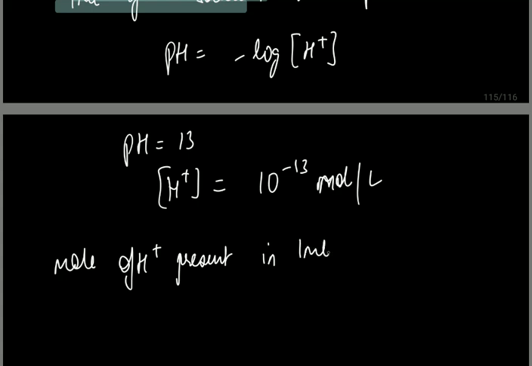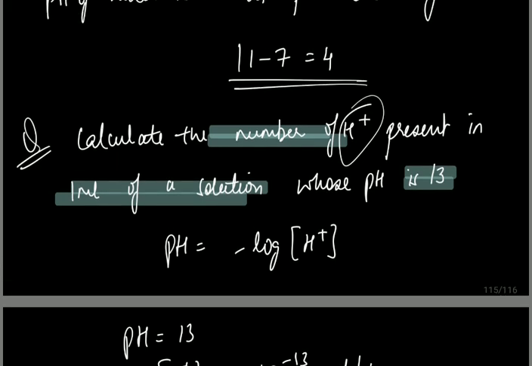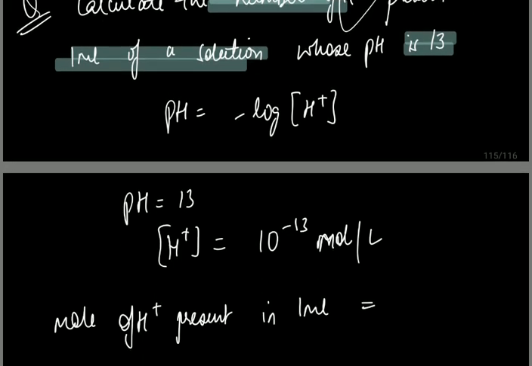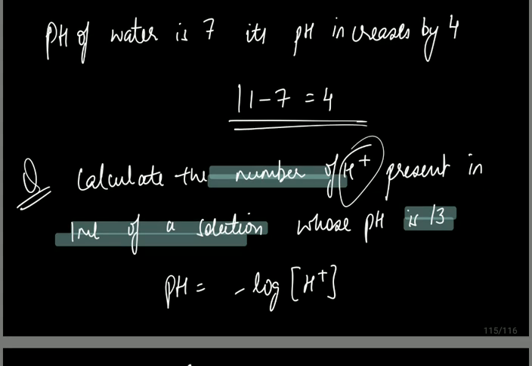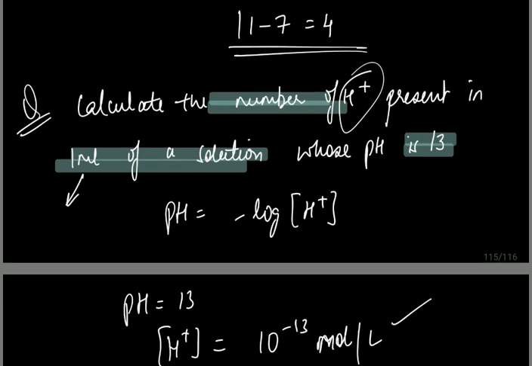Now, the moles of H positive ion present in 1 ml. The concentration is in mole per liter, so we need to consider 1 liter.